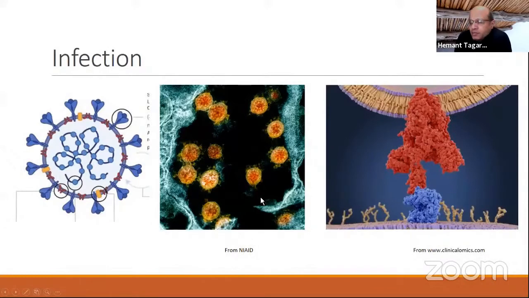So what happens when this virus infects your body? The mechanism by which it enters your cell depends on the spike protein. Here's another electron microscopy image of the coronavirus interacting with cells, and you can see most of these interactions have to do with the spike protein. In the membrane of your cell, there is a protein called the ACE2 protein, and the spike protein attaches to the ACE2 protein.